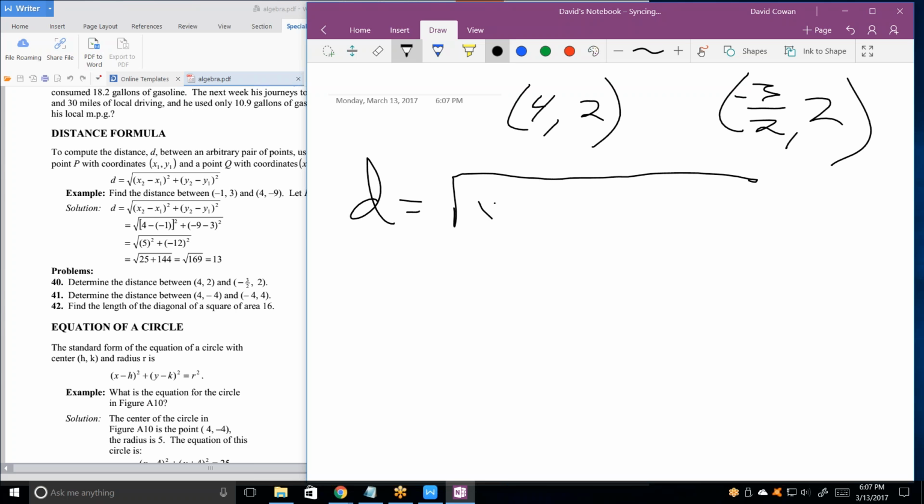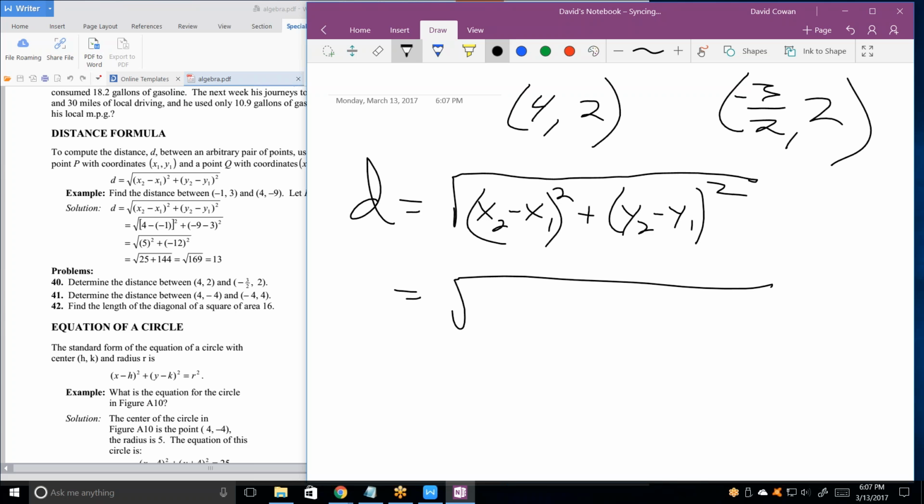X sub 2 minus x sub 1 squared plus y sub 2 minus y sub 1 squared. Okay, fill it in. So it'd be -3/2 minus 4 squared plus 2 minus 2 squared.